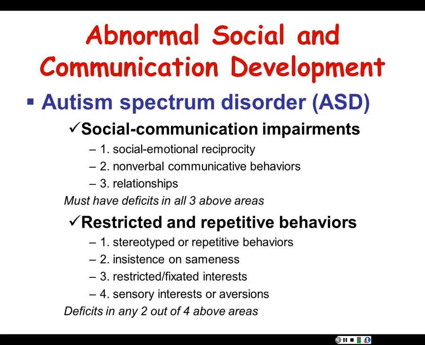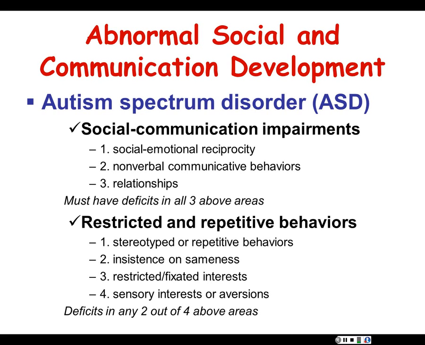They want an object, and instead of making eye contact and looking up at the adult to get the object, they'll just cry and scream, or they'll grab the adult's hand and use the hand like an object, instead of doing that natural thing of looking up at the adult and back down. That gets into the nonverbal communicative behaviors that aren't there. So eye contact, they maybe don't respond to their name at the developmentally appropriate age. And then difficulty understanding relationships.